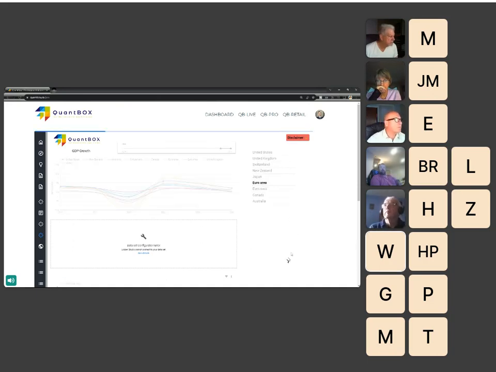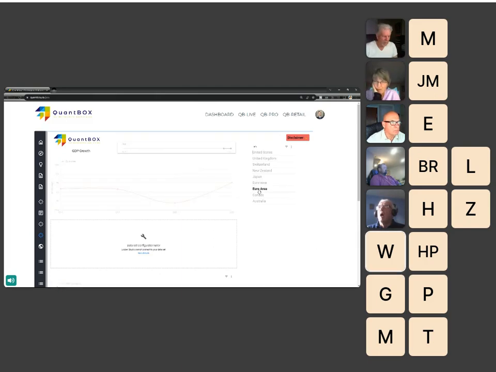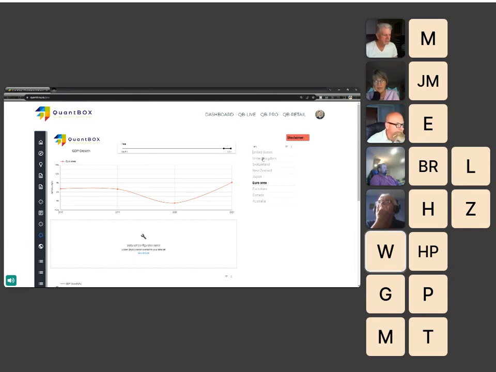Oh, I got multiple euro areas. Interesting. Maybe one's EU and the other one is euro. Which one is which? Okay, that one's the dead one. Let's compare.